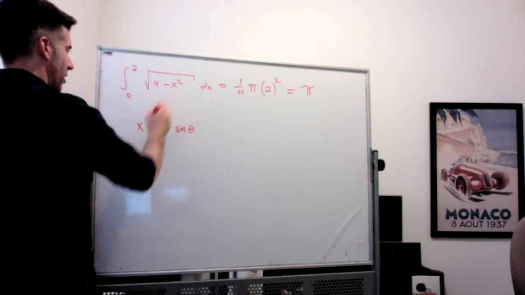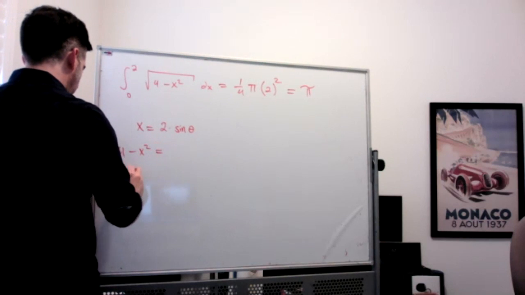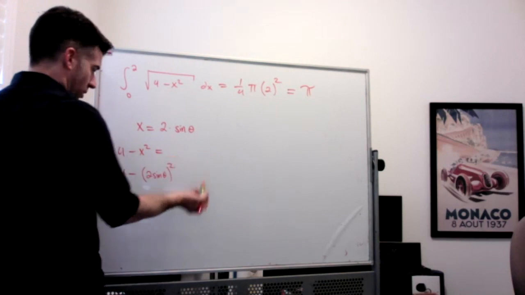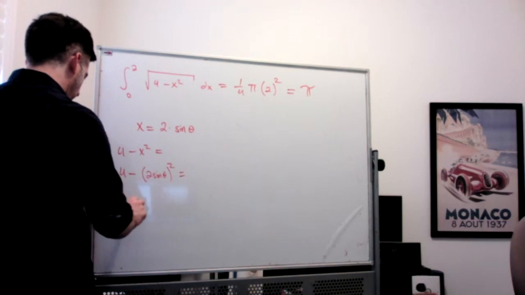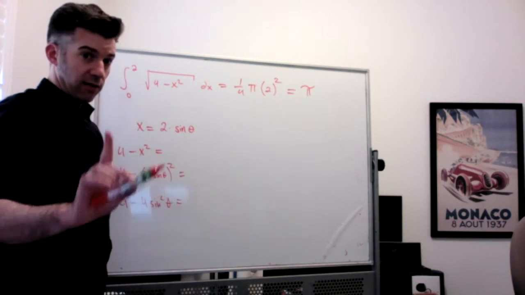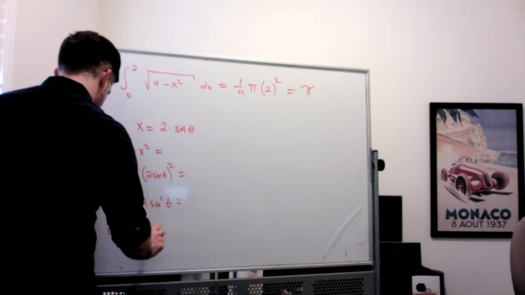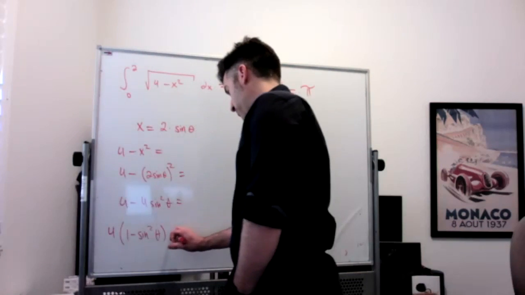If I plug that in here, 4 minus x squared becomes 4 minus 2 sine theta quantity squared. Multiply that out, you get 4 minus 4 sine squared theta. Factor out a 4. And then 1 minus sine squared theta is equal to cosine squared theta.